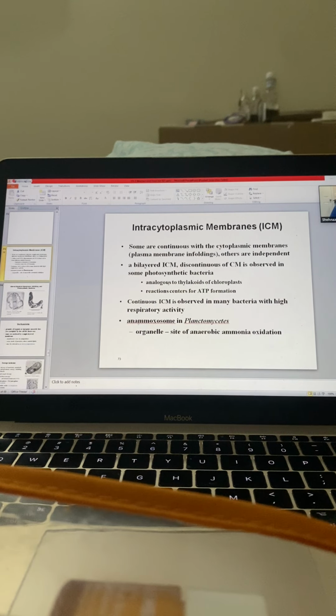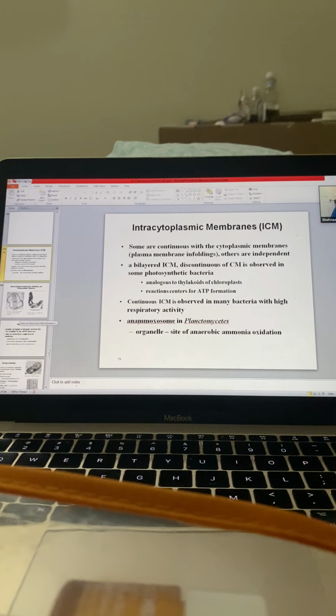But we've also found continuous cytoplasmic membranes in those bacteria that have high respiratory activity. So they need a lot of membranous structures. If they have a high respiration rate, and respiration in bacteria is located in the membrane only, then having a continuous intracytoplasmic membrane, with longer or larger spaces of membrane, will help increase the respiration rate.